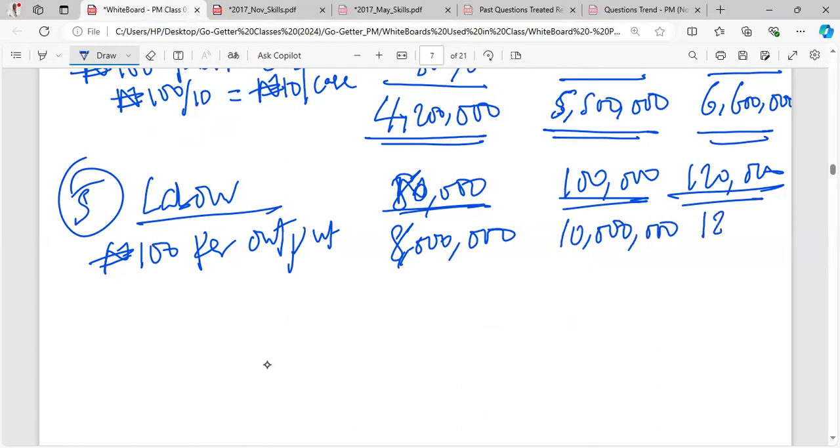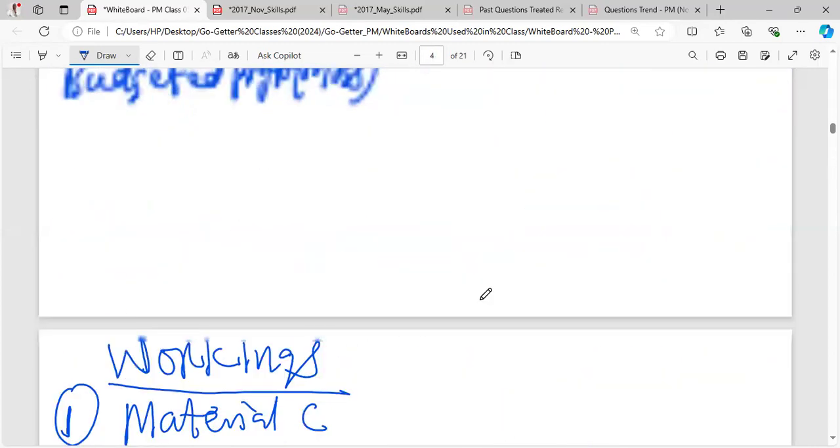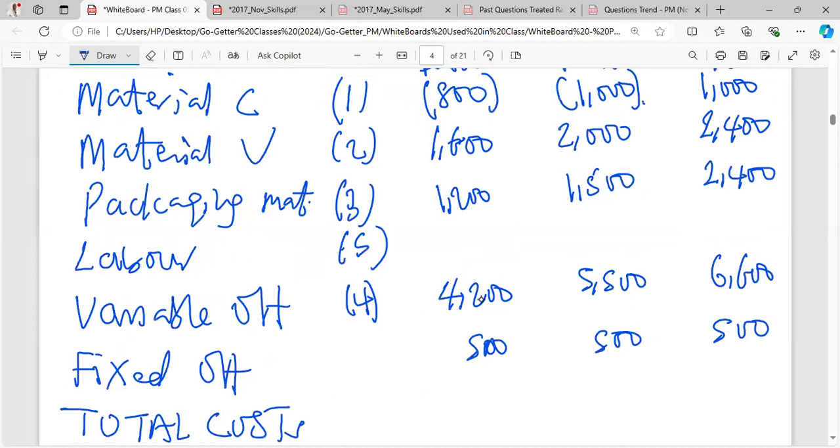This is 12 million. That's your labor, 100 naira per case. All right, so let's take this down. 8, 10, and 12. So we've done all of these.